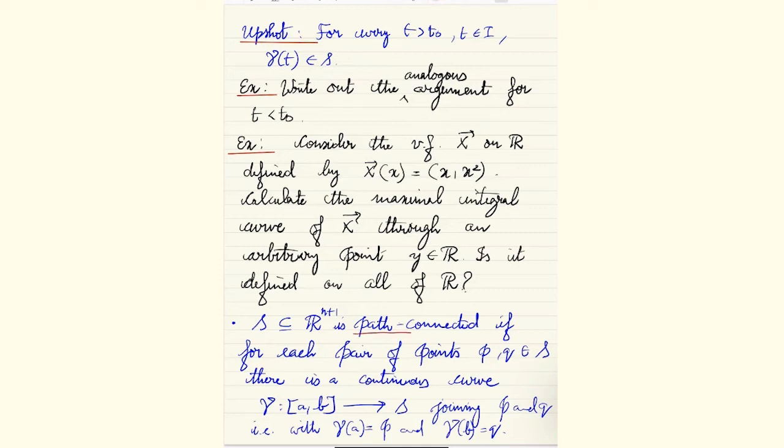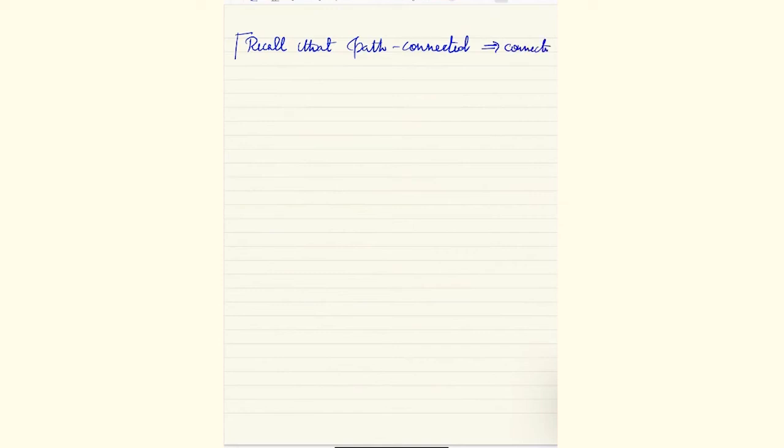From topology, you know that path connectedness is stronger than connectedness. So recall that path connected implies connected. Okay, so example.